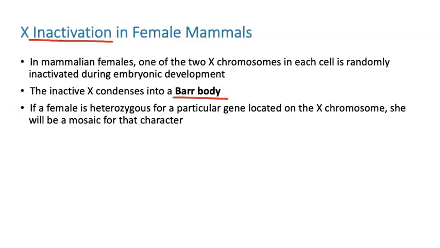If a female is heterozygous for a particular gene located on the X chromosome, she will be a mosaic for that character. In other words, she might not be completely colorblind. Maybe she'll be colorblind in one eye, but not in the other eye.